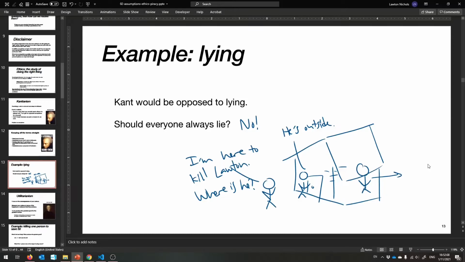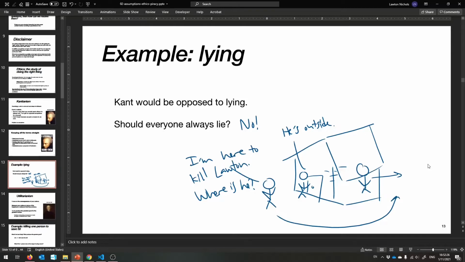So now I'm outside, and my mom who lied has now killed me because the murderer is going to come around to the back now. Okay? So there are cases where Kantianism works and doesn't work, and here's a nice little thought experiment for you.